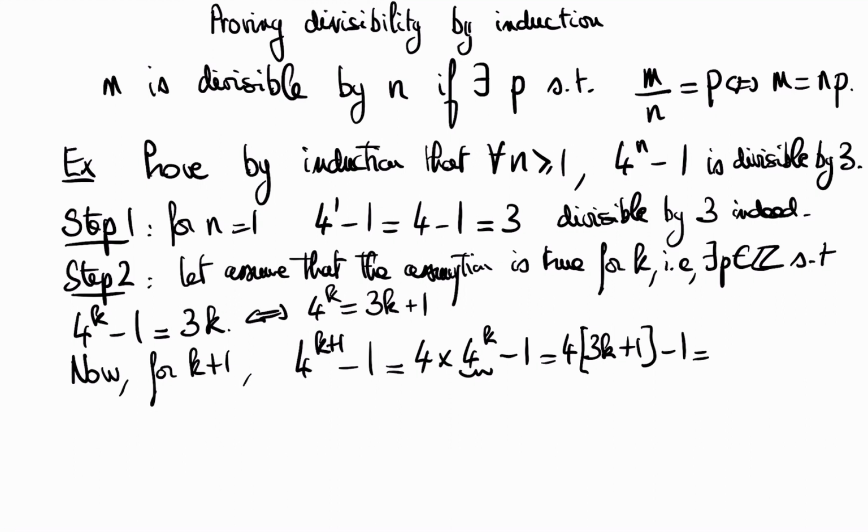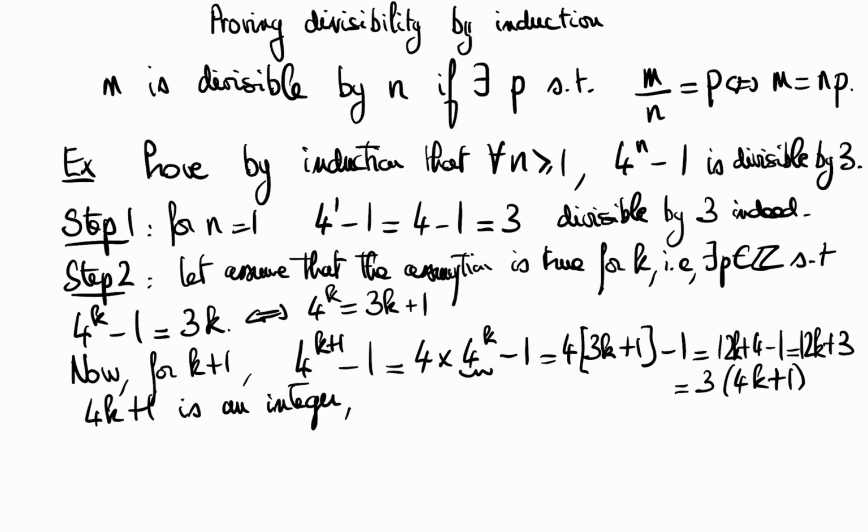And so that's equal to what? 12p plus 4 minus 1, which is 12p plus 3, which can be written as 3 times 4p plus 1, and 4p plus 1 is an integer. Therefore, 4 power of k plus 1 minus 1 must be divisible by 3, as there is a 3 at the front.